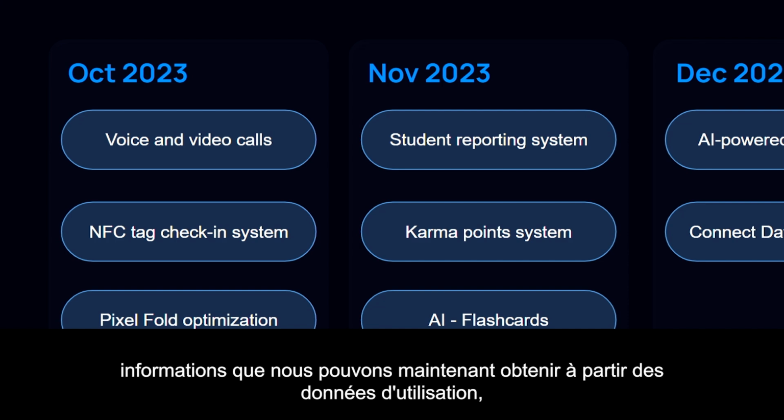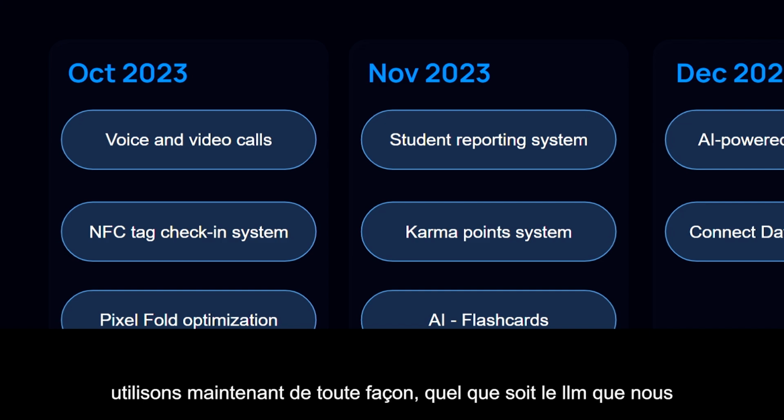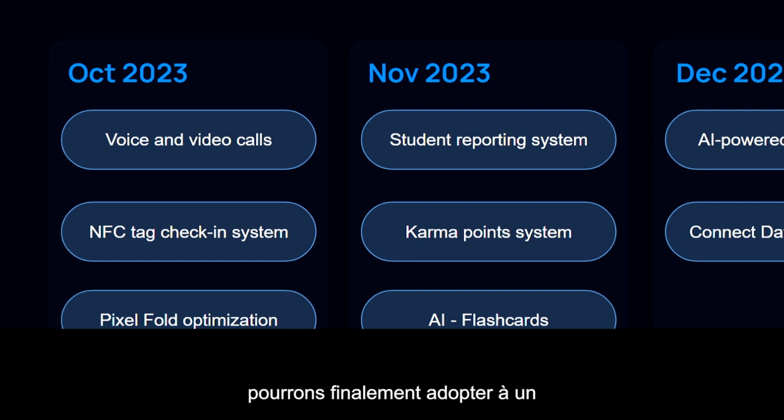AI-powered dashboards, the insights we can now get from the usage data, the behavioral data, all of those metrics are available, and now we want to make it easily available to the students and the staff. And we're also working to connect the ChatGPT that we're using now, whatever the LLM we ultimately adopt at any given time, to our database so we can ask questions of the database.